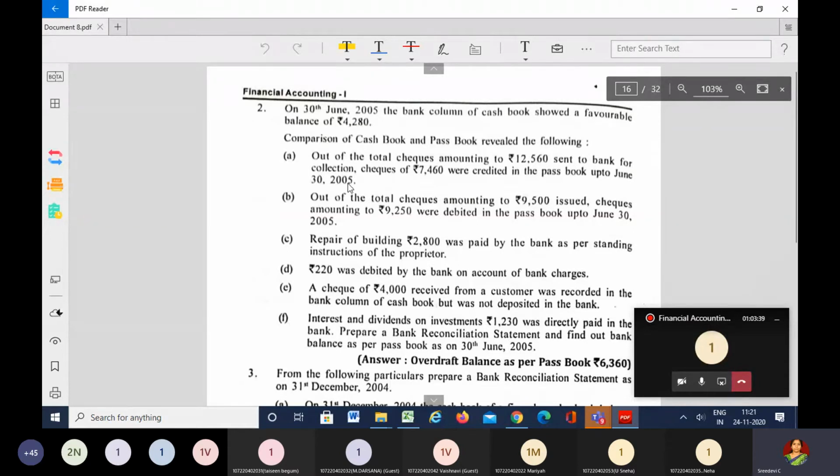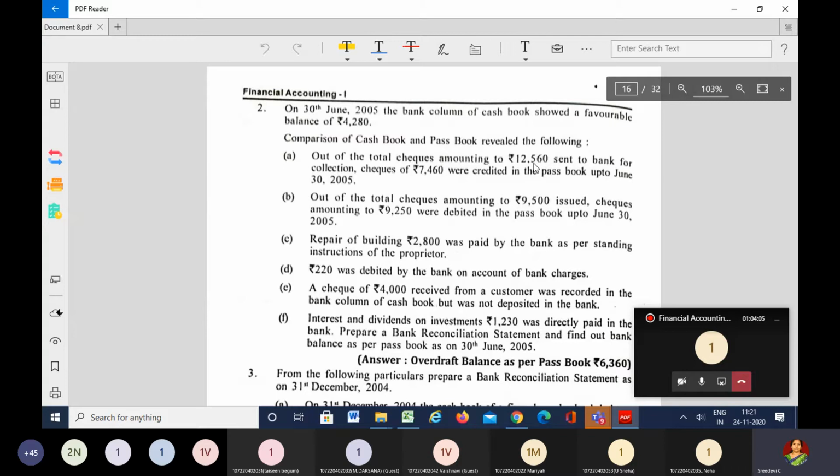The first one here is: out of the total checks amounting to 12,560 sent to the bank for collection, checks of rupees 7,460 were credited in the passbook up to 30th of June 2005.